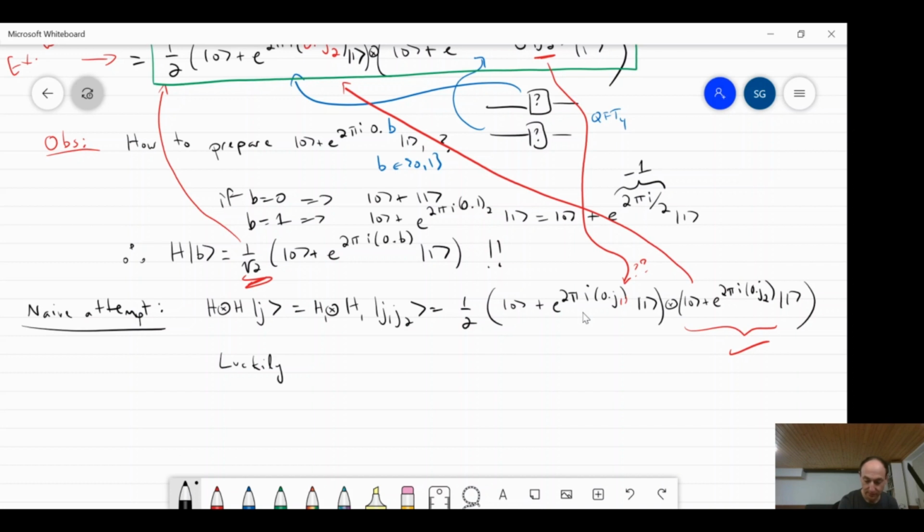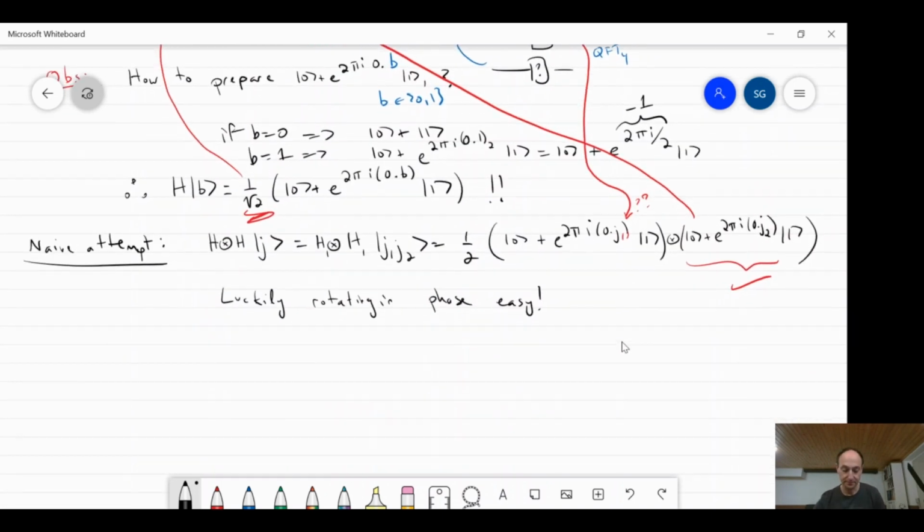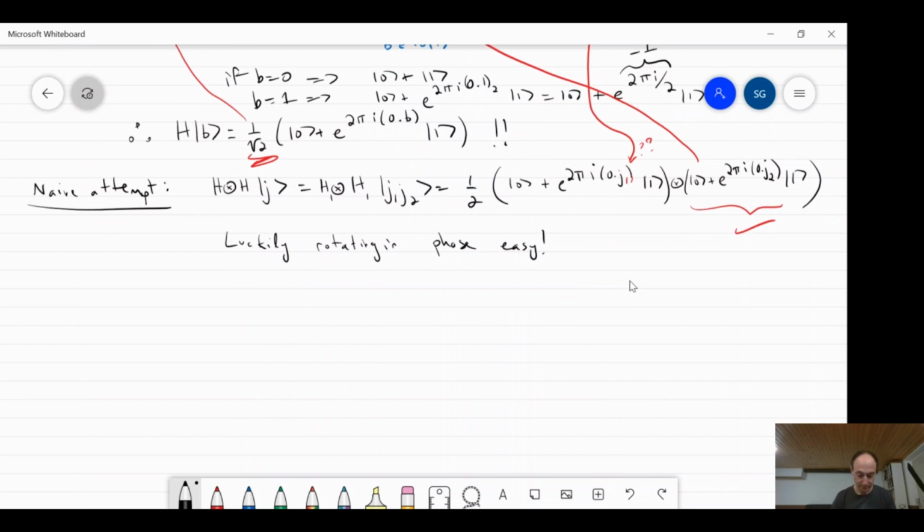Luckily, rotating in a phase is easy. Okay, so how do I want to present this? I want to say that, okay, so if you want your phase to be theta in the reals, of course, you could restrict yourself to something between 0 and 1.